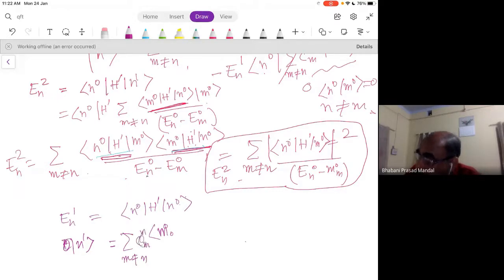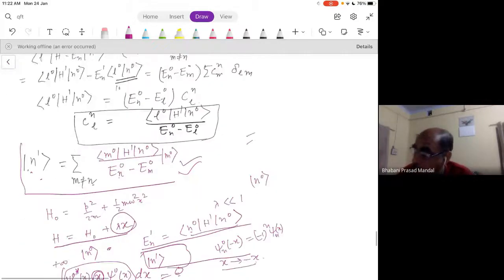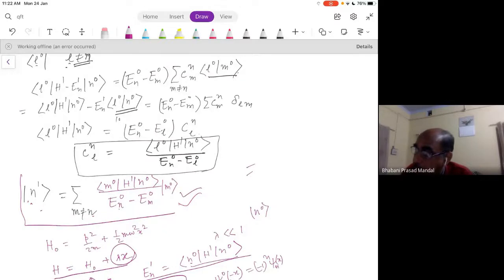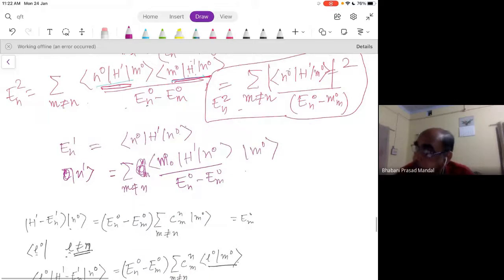There is no cm here, cm already substituted. Let me check whether I made a mistake. Yes, this is m0 h prime n0 over En0 minus Em0 times m0. Let me clean it a little bit. Okay, so these are my three formulas.